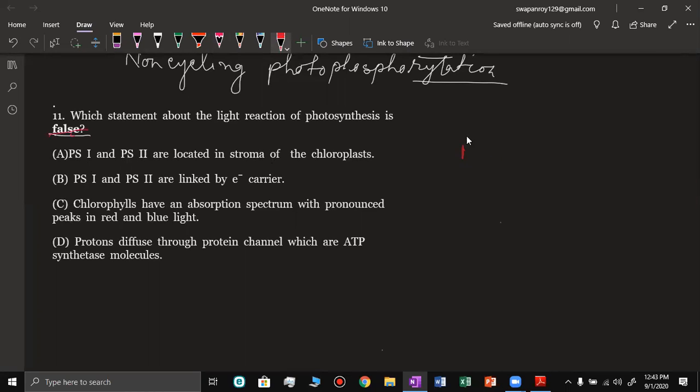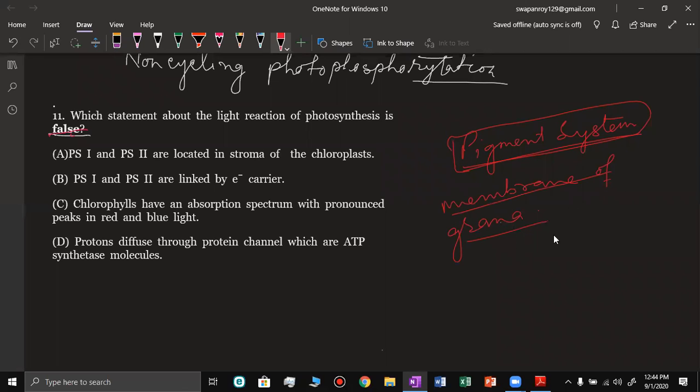This pigment system, which is made of the light harvesting pigment, chlorophyll and other associated pigments, is present in the membrane of grana, that is in the thylakoid.